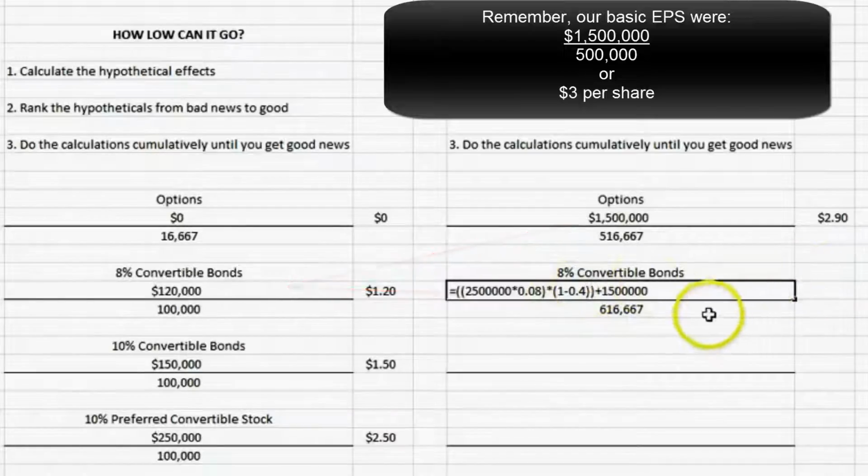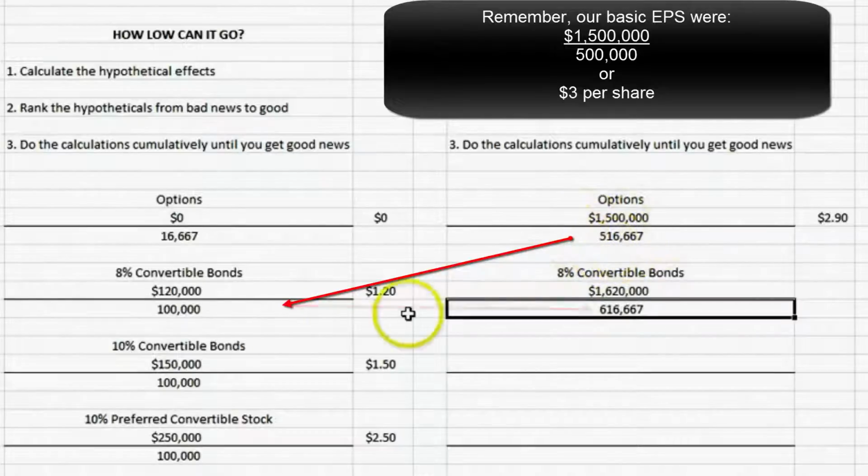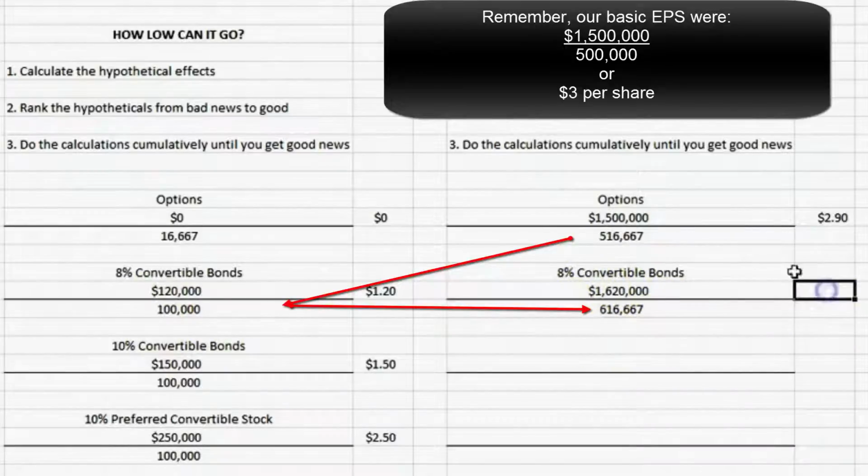And so now we end up with a numerator of $1,620,000. In the denominator, we're going to take that 516,667 shares, add the 100,000 if these guys had converted, and now we're up to 616,667. So what's happening to earnings per share now? Now it's down to $2.63.